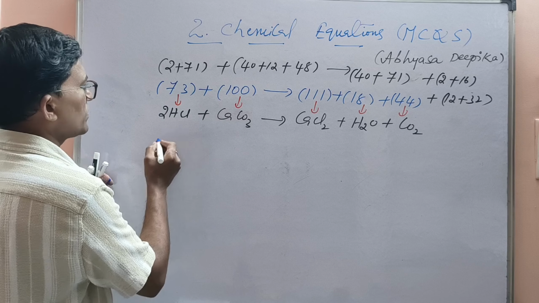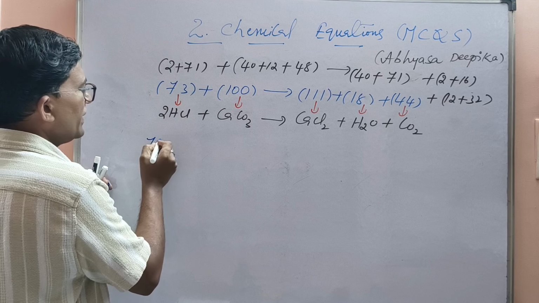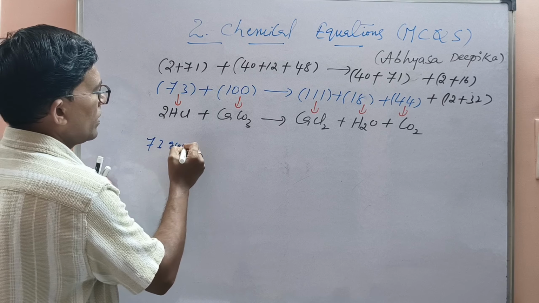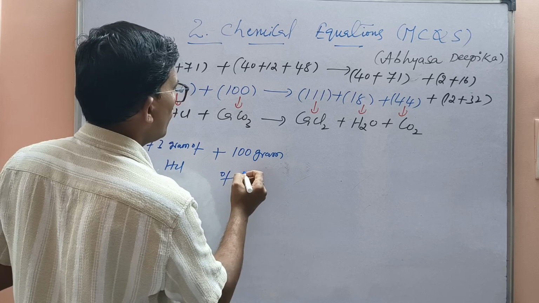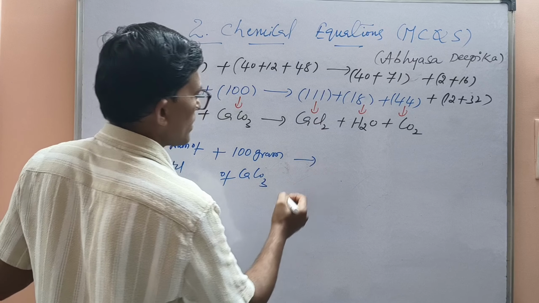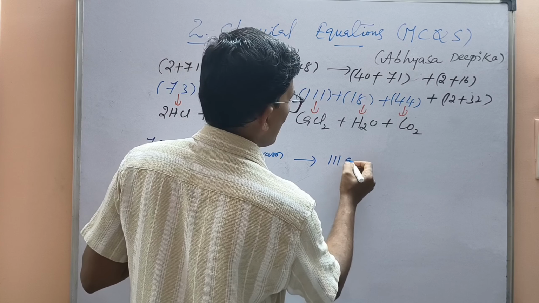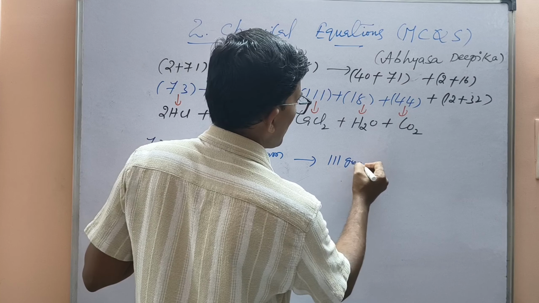Now, in terms of grams, 73 gram of HCl plus 100 gram of CaCO3 gives rise to 111 gram of CaCl2 plus 18 gram of water plus 44 gram of CO2.